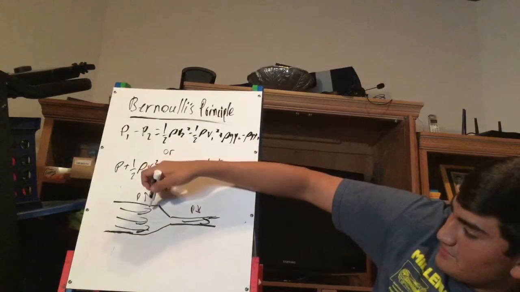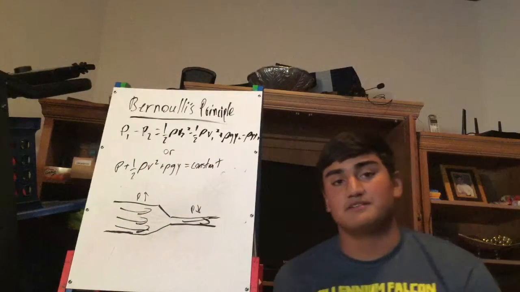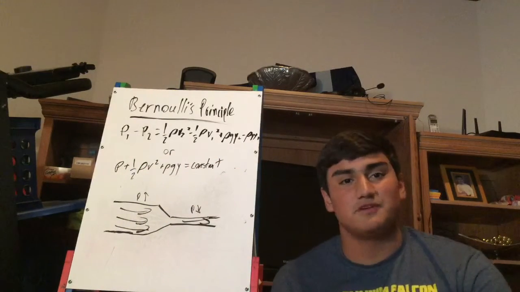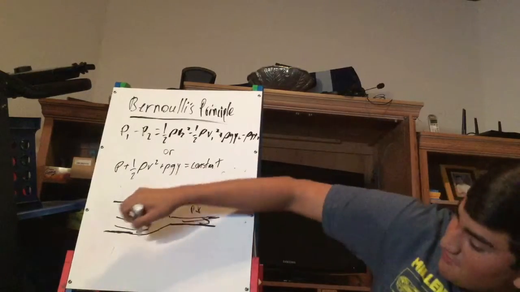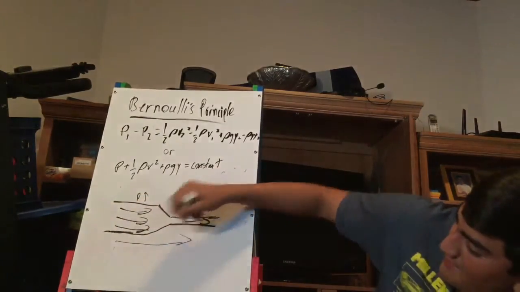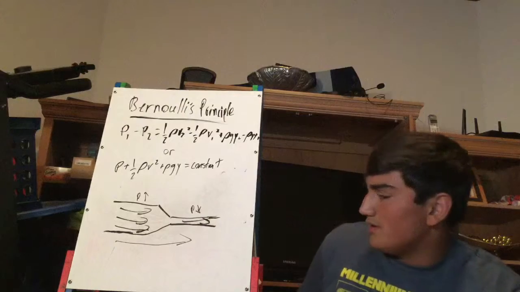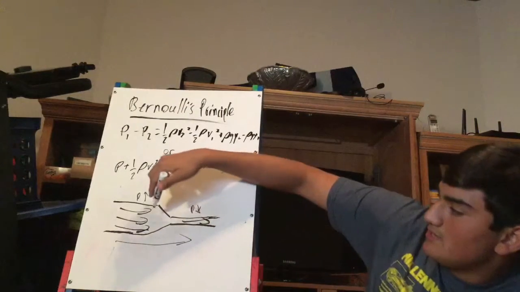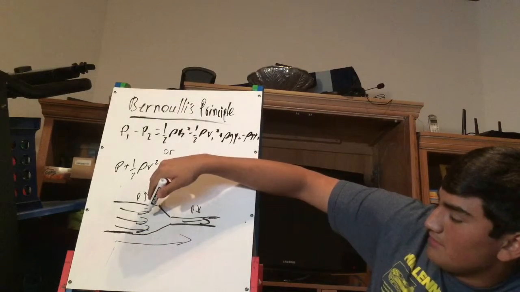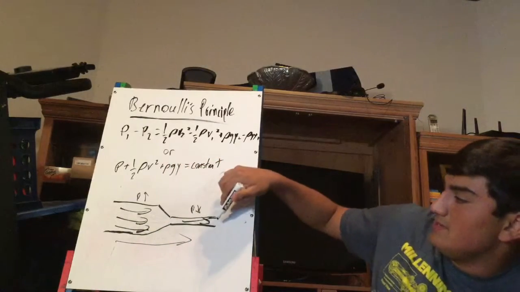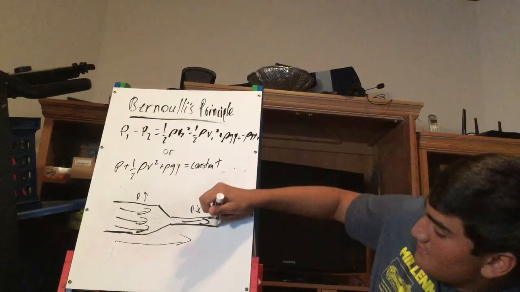Because this pressure is higher and this pressure is lower, as many of you know, things will flow from high to low. This causes a force on the system this way, and the fluids here will accelerate into this pipe and go faster.